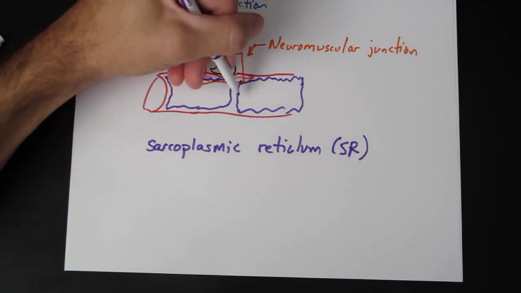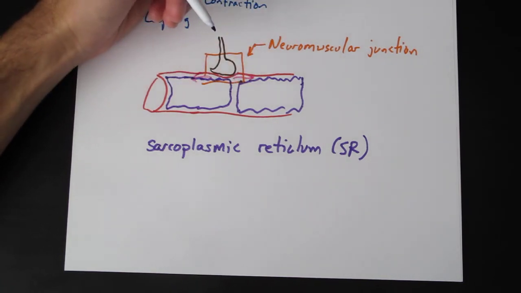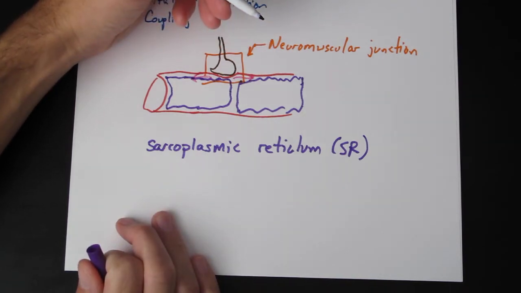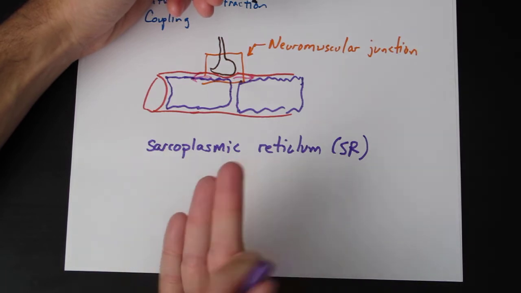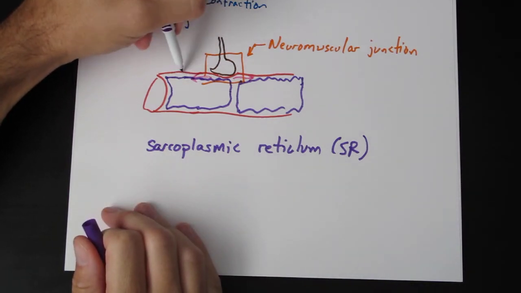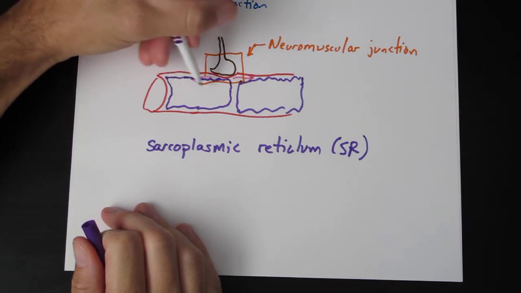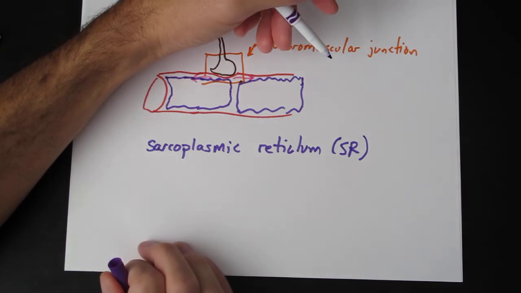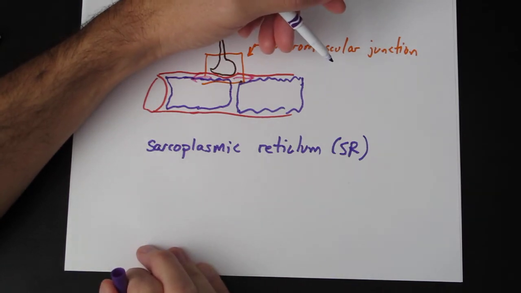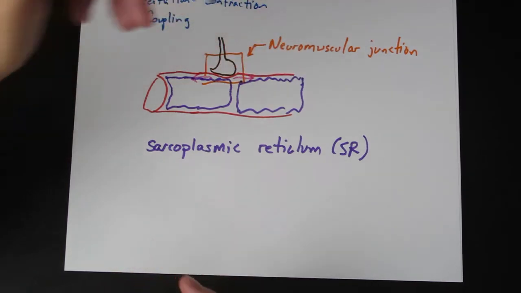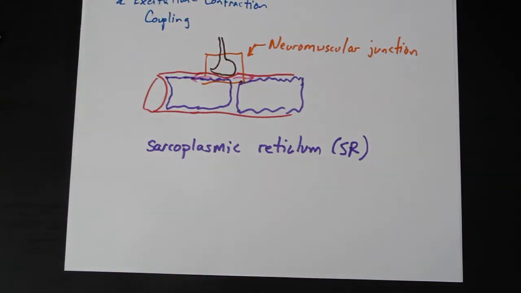And ultimately, we want to affect this sarcoplasmic reticulum. The cell membrane has invaginations in it called T-tubules that allow that depolarization to spread and affect this entire sarcoplasmic reticulum. So let's see what is happening when that depolarization spreads to the SR.